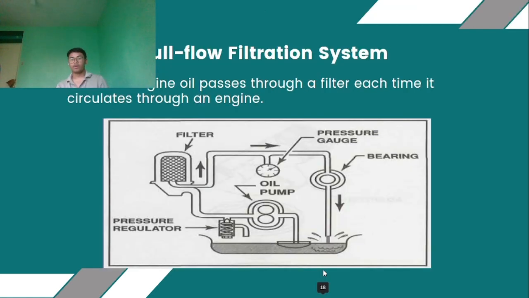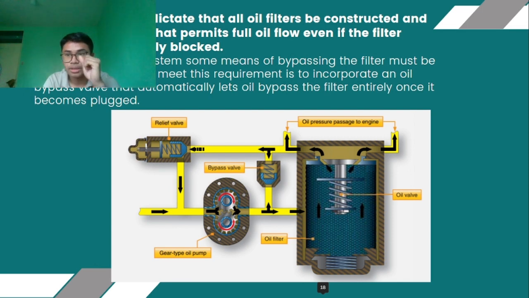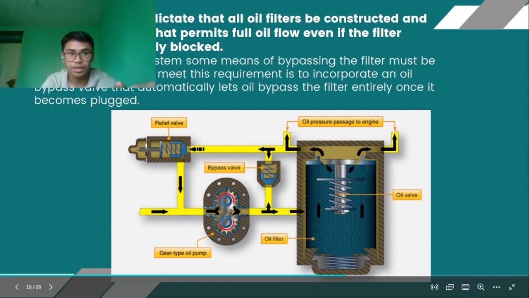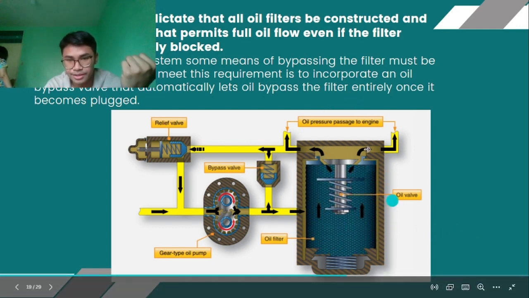Since you don't want particles, you don't want solid particles that cause sludge or clog. So, we need our full flow filtration so that every revolution it is filtered. So, the Federal Aviation Regulation requires what happens if our oil valve gets plugged or clogged. So, what happens when it clogs? Then, system failure or engine failure.